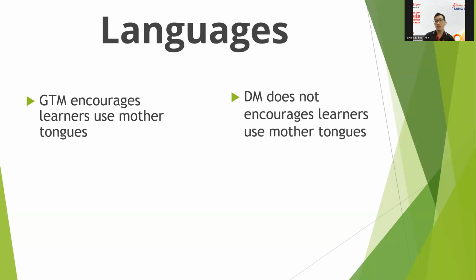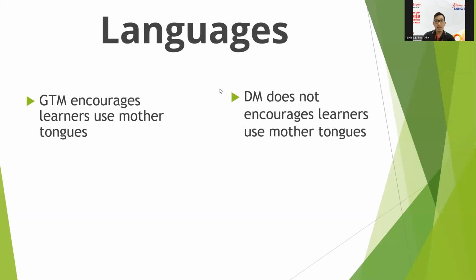By contrast, for the direct method, we don't encourage learners to use their mother tongue. That means we just let people try to produce the utterances, the sentences, by their own.